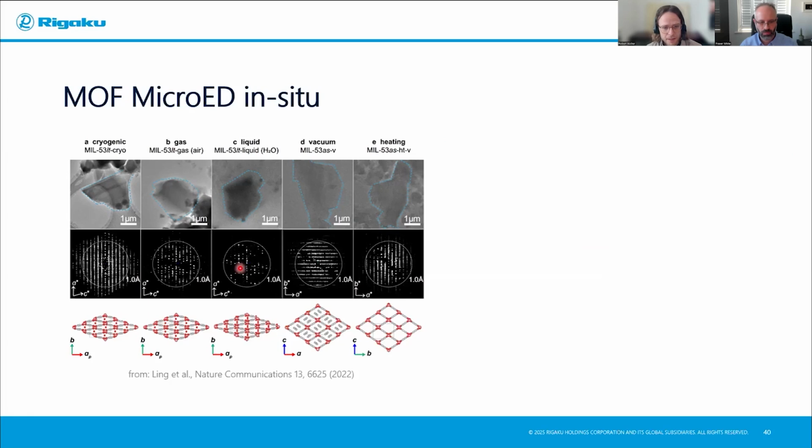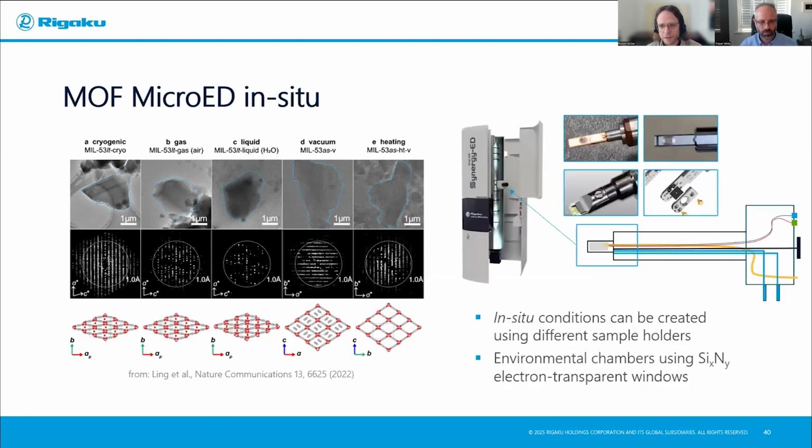This is not a paper done with the Synergy ED, but we have the same capabilities in our instrument as well, again by means of those specific sample holders, which go into the goniometer. For example, to do these environmental chambers like liquid or gas environments, you typically encapsulate your sample in silicon nitride membranes, which have a high tensile strength and are electron transparent.